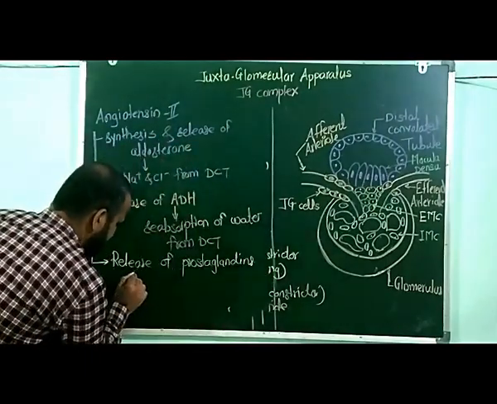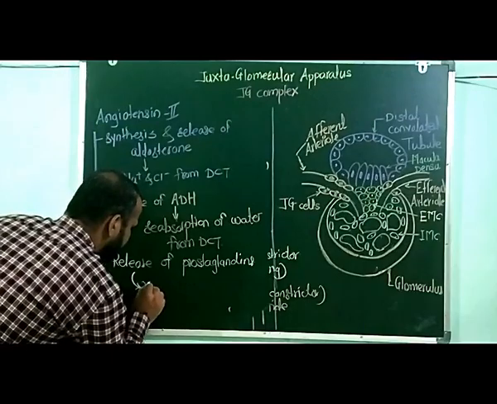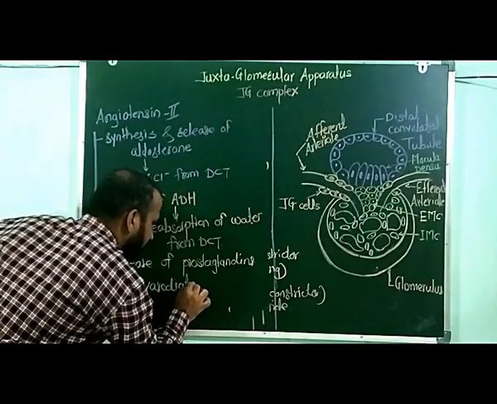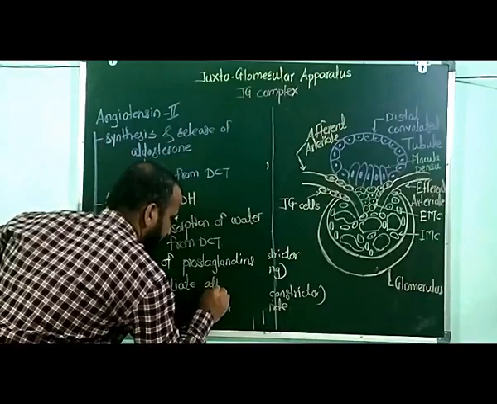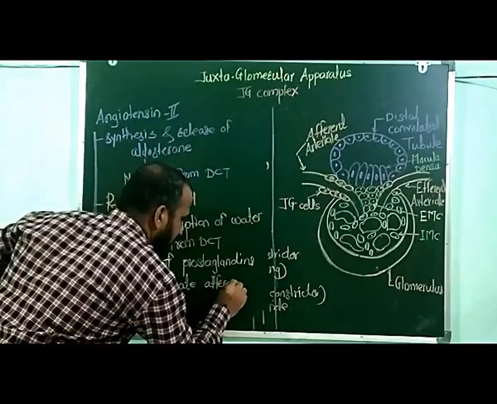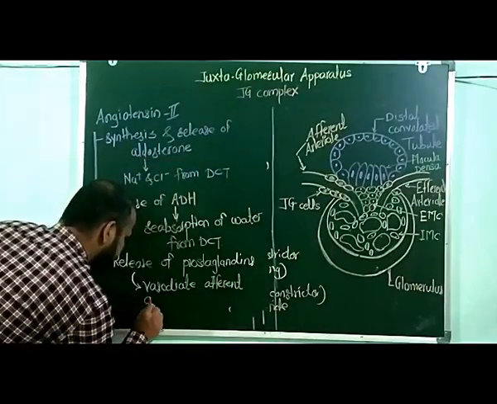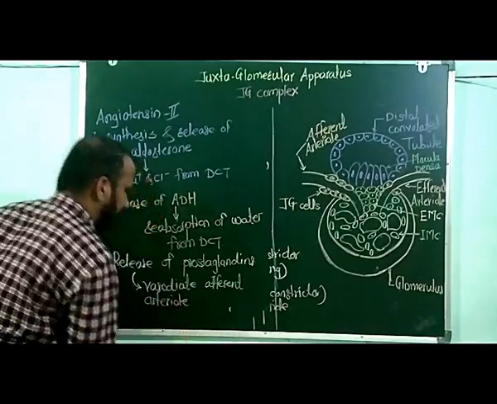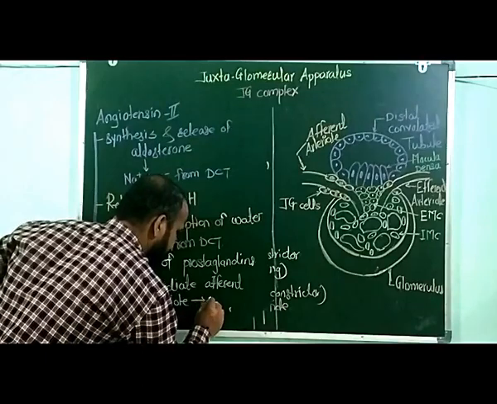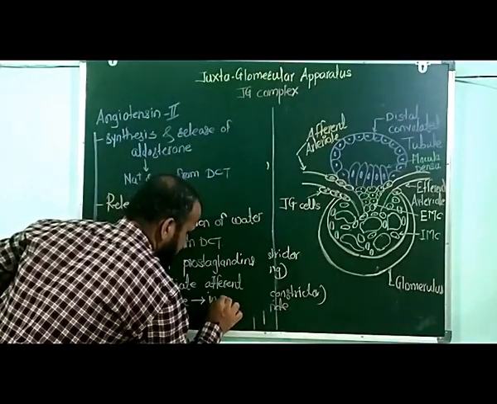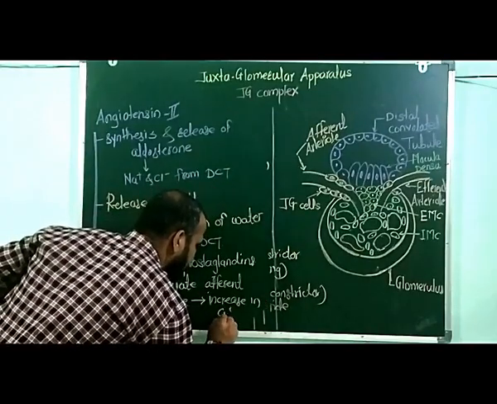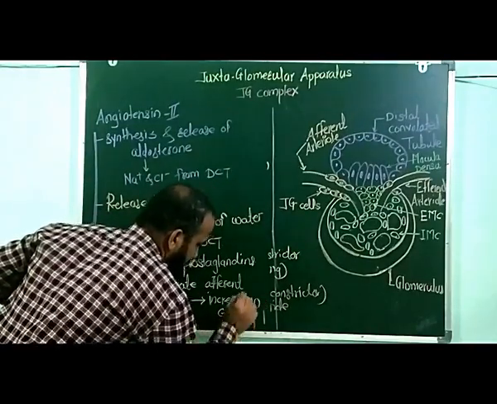These prostaglandins act to vasodilate the afferent arteriole, and this vasodilation of the afferent arteriole results in an increase in glomerular filtration rate.